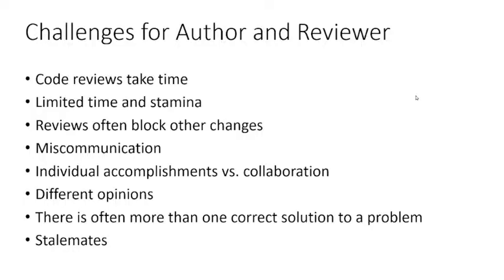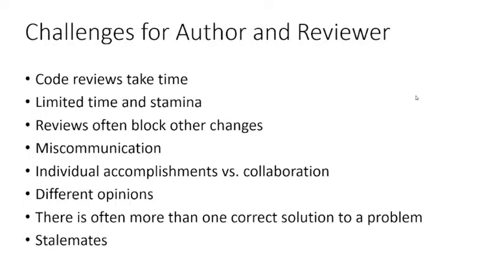This fourth one, miscommunication, is a huge one. We as humans communicate either through written words or verbally. Typically, code reviews are done through written words. There are systems where you write in your change list as an author, and the reviewer will write comments when they send it back. And there's always the risk that what I am trying to say may not be what you actually hear or read.